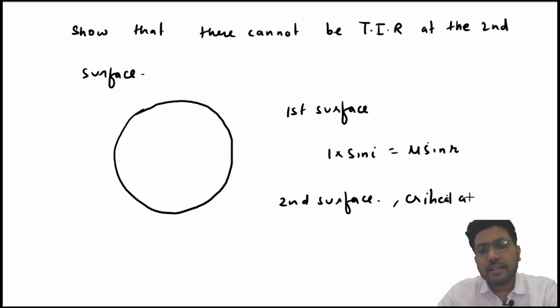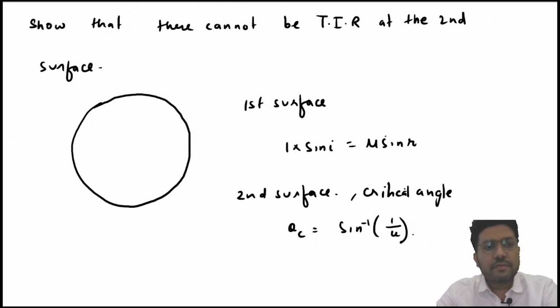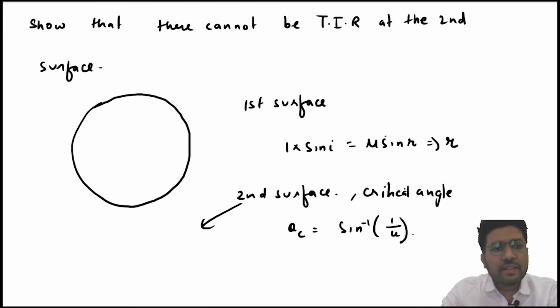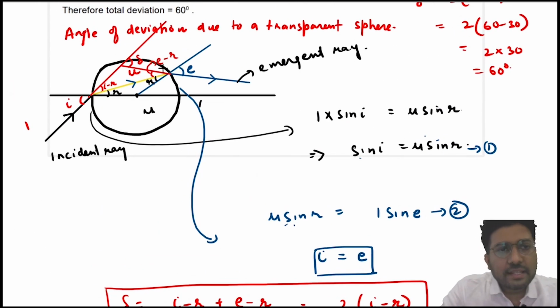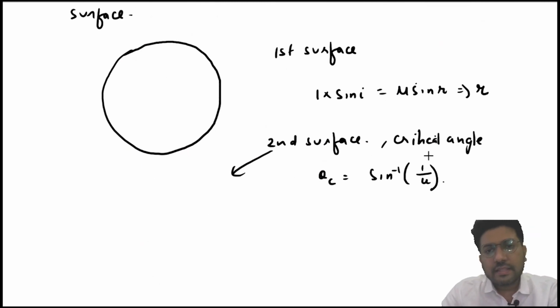Critical angle theta c is equal to sine inverse of mu rarer by mu denser. Okay, understood? Sine inverse mu rarer by mu denser. Mu denser is mu. And for the second surface, the angle of incidence is R, right? So I'll write for the second surface, this is the critical angle, and the angle of incidence is R.